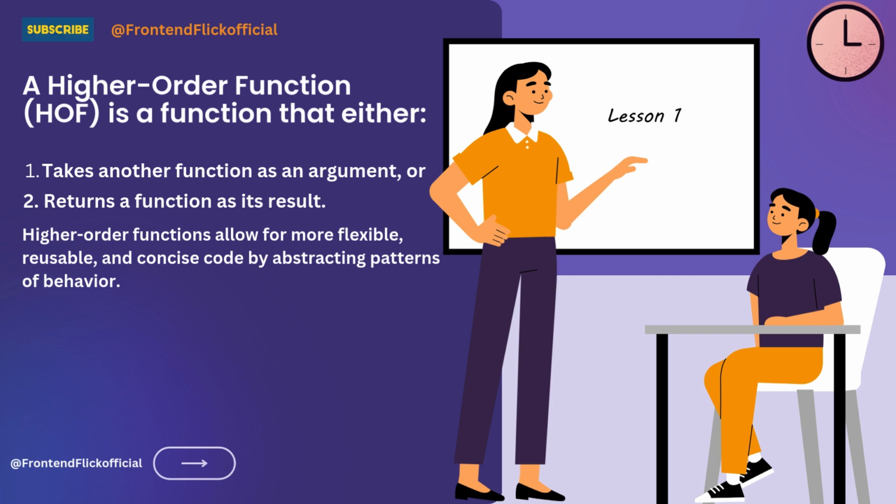This makes higher order functions incredibly powerful because they allow you to abstract patterns of behavior and build reusable logic. They're the cornerstone of functional programming in JavaScript and are essential for tasks like event handling, array transformations, and asynchronous programming.